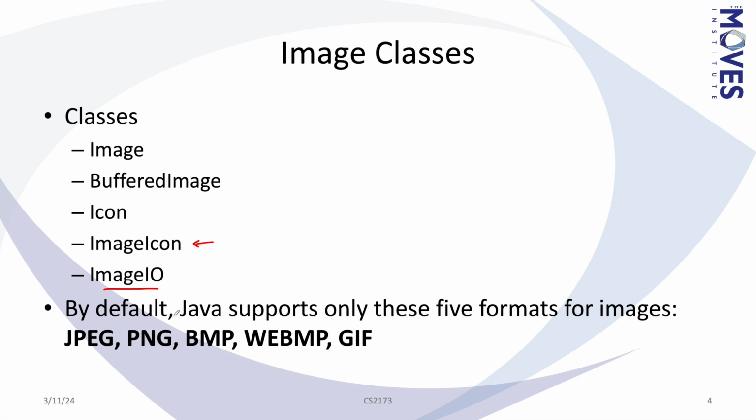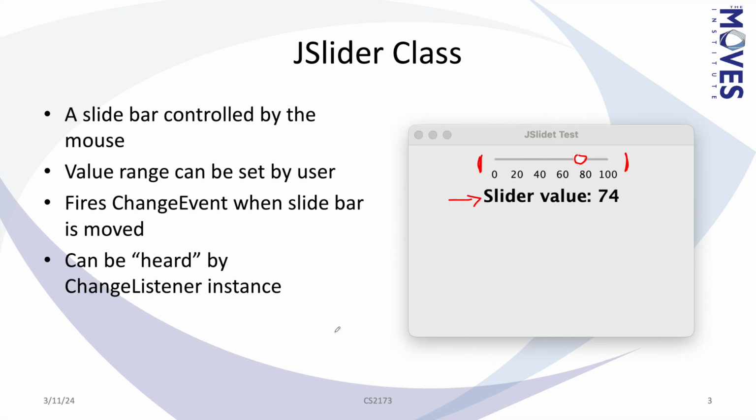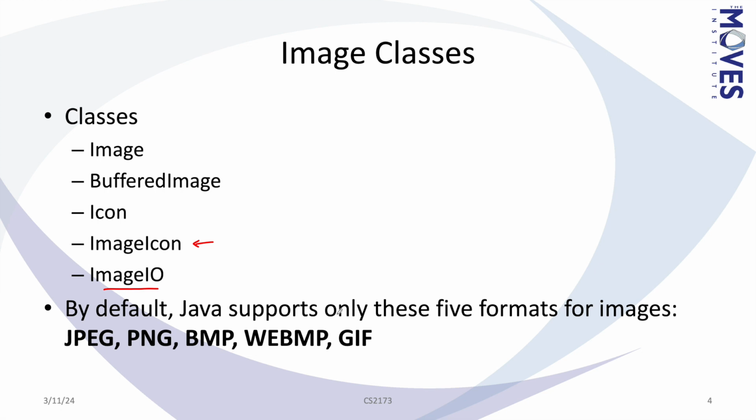Now, there are a bazillion formats. Java supports the five most popular ones: JPEG, PNG, bitmap, GIF, or is it GIF? Do you say GIF or GIF? Some people say one, some the other. I don't know.